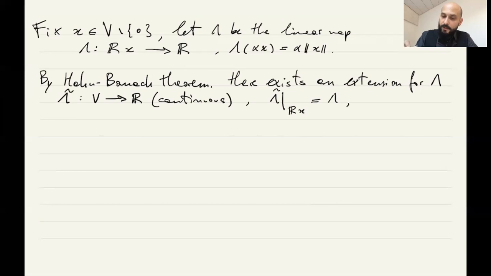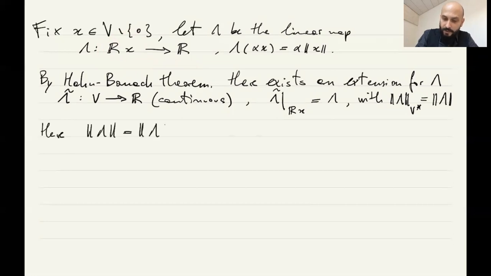But moreover, this map has the same norm: the norm of lambda as an element of the dual of Rx, operator norm, is equal to the norm of lambda tilde as an element of the dual of V. Okay, but what is the norm of lambda?